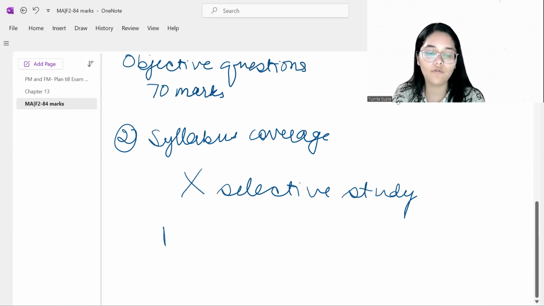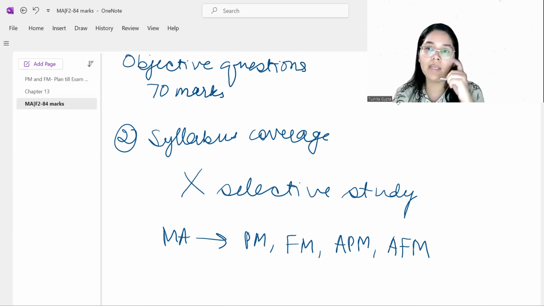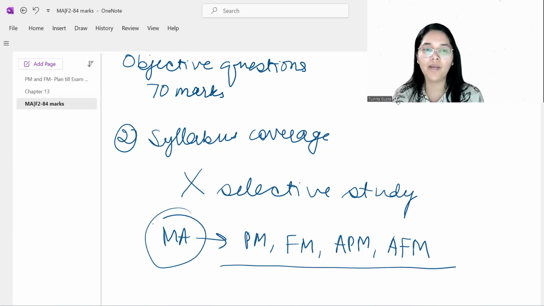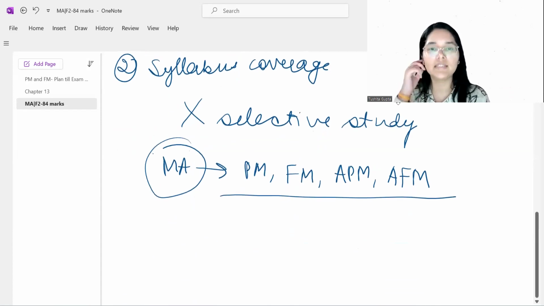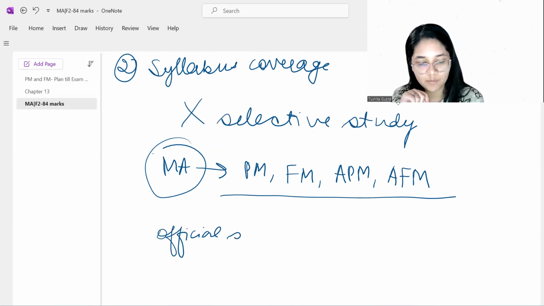All of the concepts that you learn in MA form a base for your PM exam, your FM exam, and then eventually APM and AFM, if you decide to appear for them. So be very skeptical about selective study, because if you skip something here, you're spoiling it line by line. Make sure you're covering all of the things as they should be, and that you are using official study materials only.